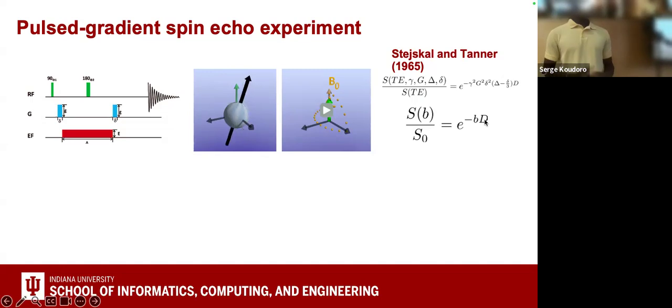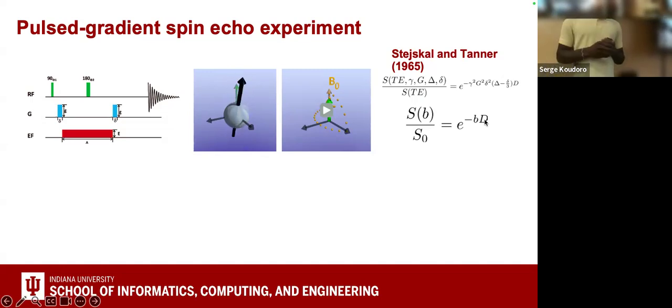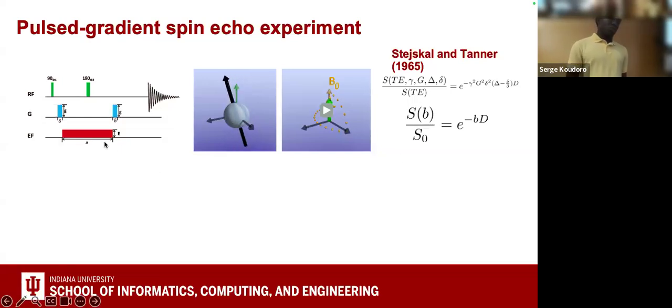This is a coefficient that we try to discover, to understand, to see how much loss we have on this signal. And then you have other parameters here that are the delta, so the duration of this moment. You have the gradient strength, gradient direction, et cetera, et cetera.